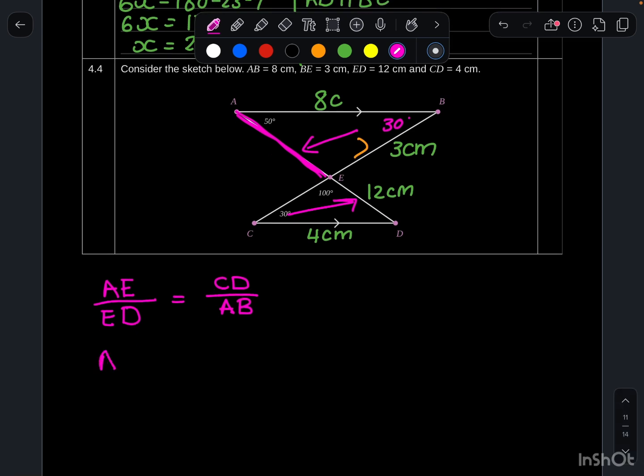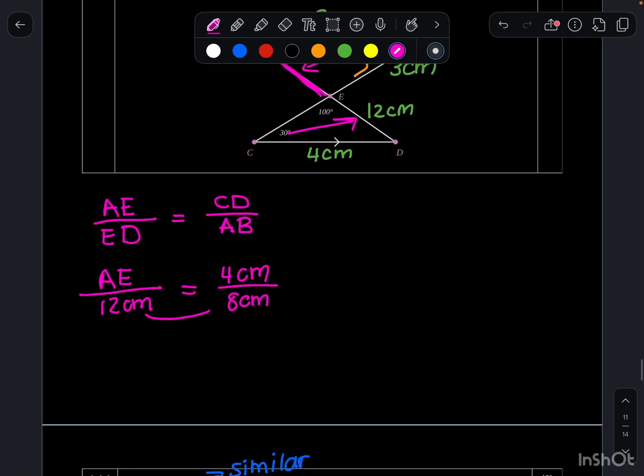AE, we're trying to figure out. ED is 12 centimeters. CD is 4 centimeters. And AB is 8 centimeters. So again, we can take it across.